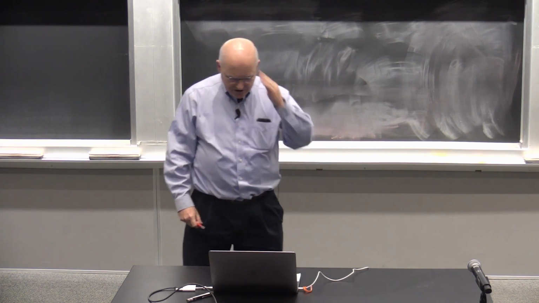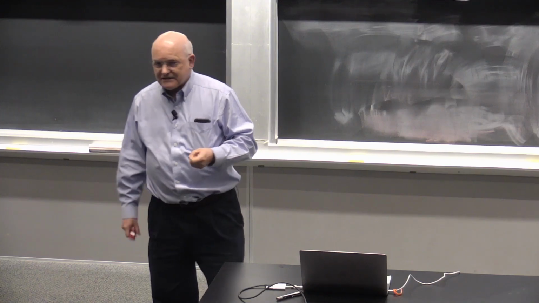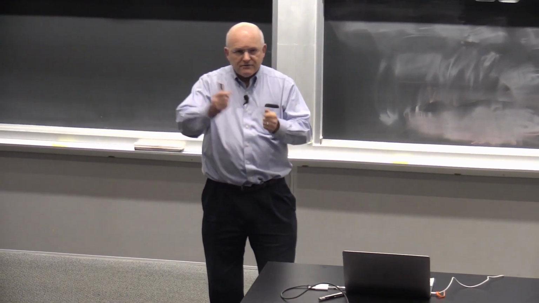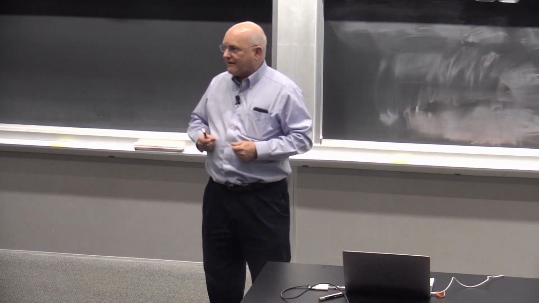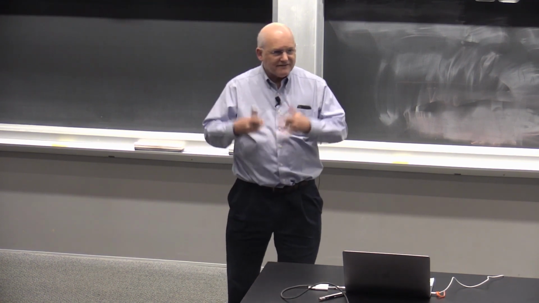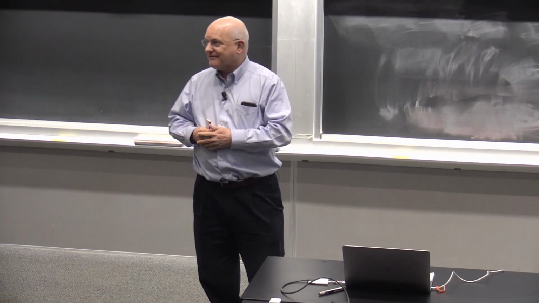Good. So let's start. I want to talk about speculative parallelism for a little bit, because that's kind of what you need to make the code go fast. If you look at code like alpha-beta, it turns out that it's inherently serial. If you try to do things in parallel, then you miss the cutoffs. And if you miss the beta cutoffs, then you start doing work that you wouldn't necessarily need to do.